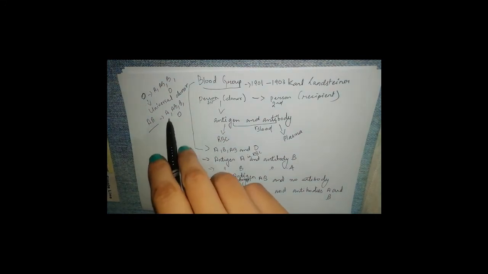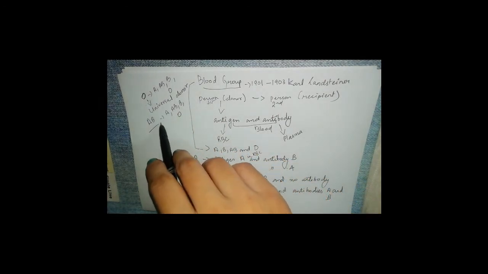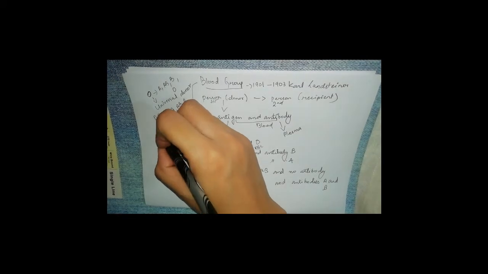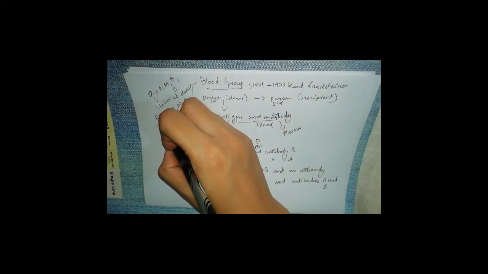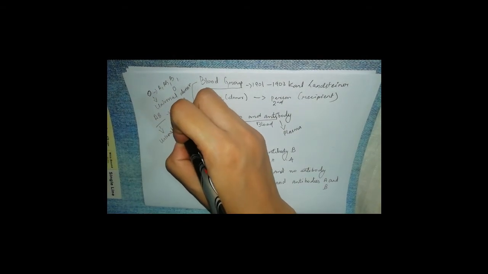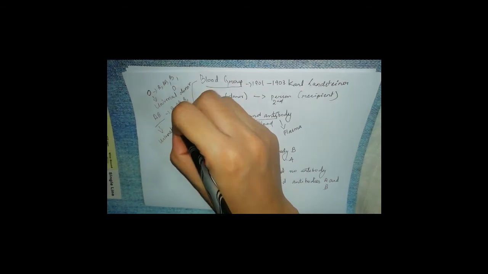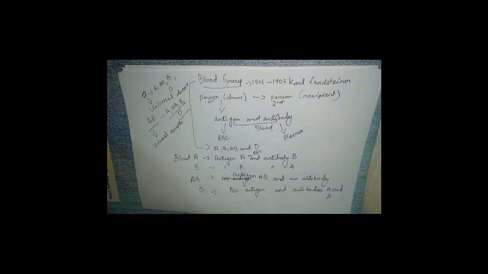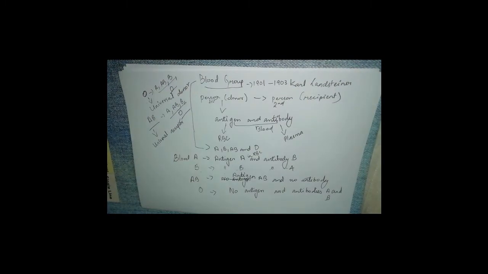That's why they are known as the universal acceptor, since they can accept all the blood groups. And O is known as the universal donor because they can donate blood to all the blood groups. So I hope you're clear with your blood groups.